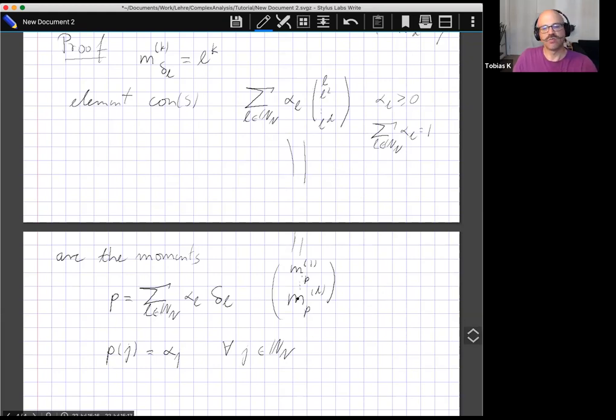Because we can go both ways. If I start with an element in conv S, so I'm given my alpha_l, I define this probability like here. But I can obviously also go the other way around: if the probabilities P are given here, I can define this vector like that.